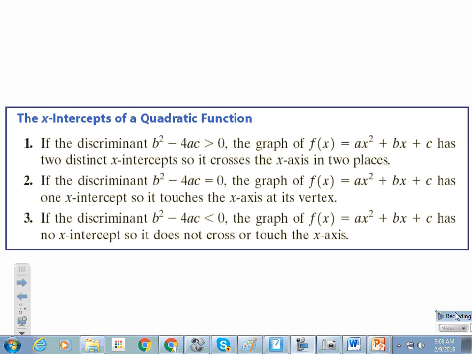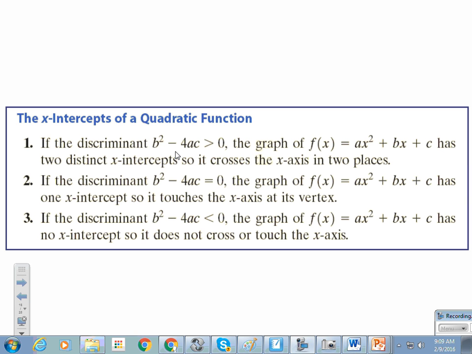When you have your quadratic formula, negative b plus or minus the square root of b squared minus 4ac, all divided by 2a, the discriminant is the part underneath the square root: b squared minus 4ac.